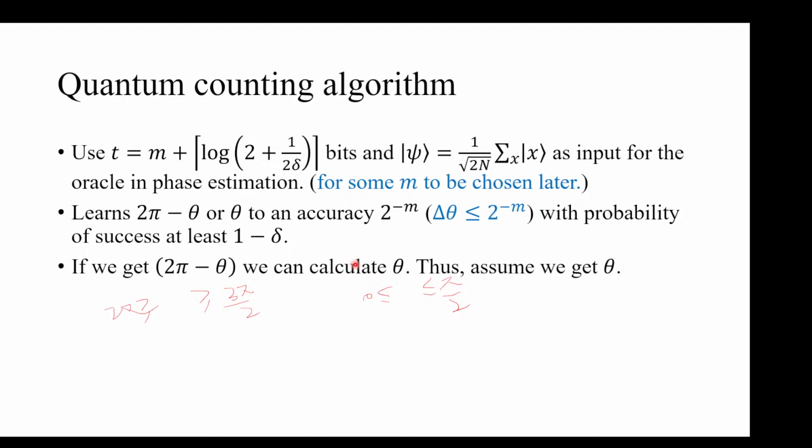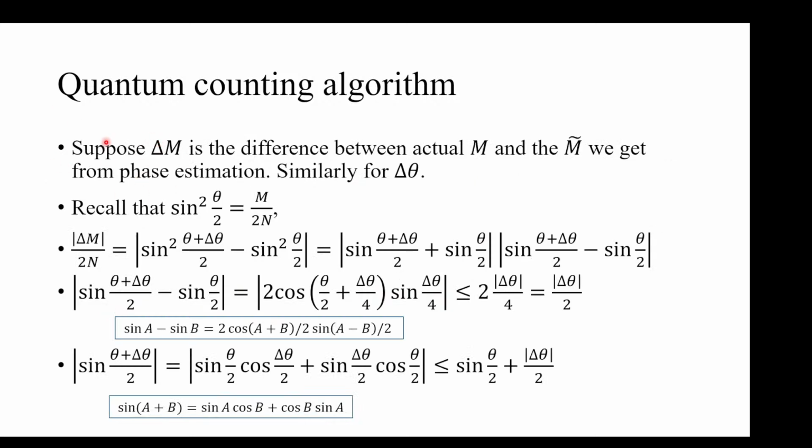Okay, and then we are left with calculating the relationship between your small m and your accuracy delta m. Delta m is the difference between m and its estimate. This is the error of your counting, the error of your estimate of m.